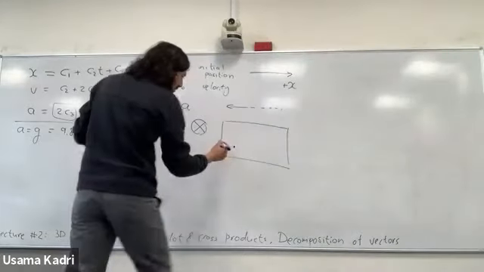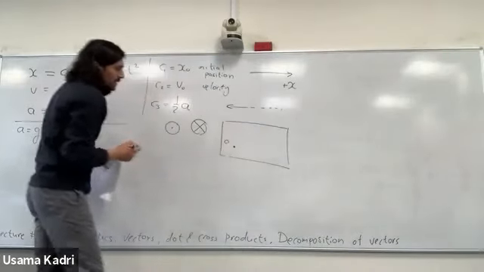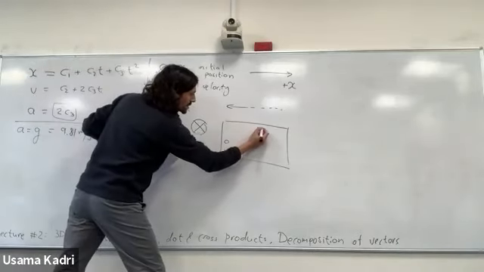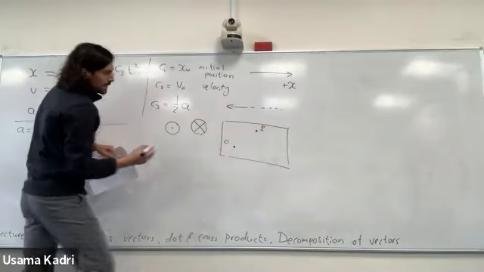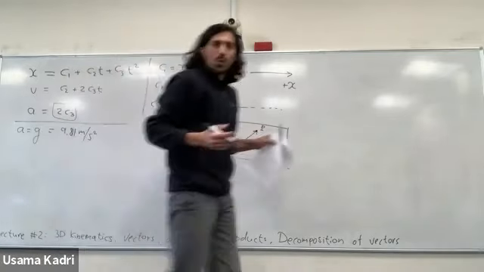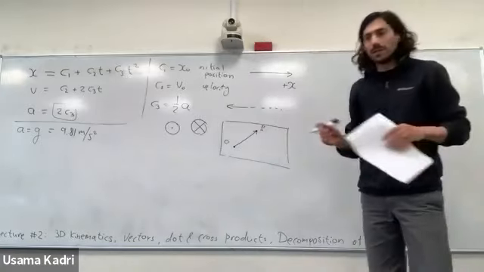I start with that point, we call it O, and I want to move from O to point P. This is point P. So I move in a straight line. I just walk on a table in a straight line.